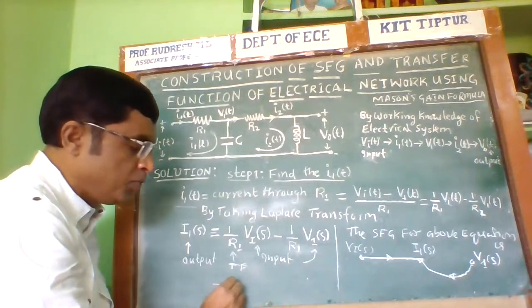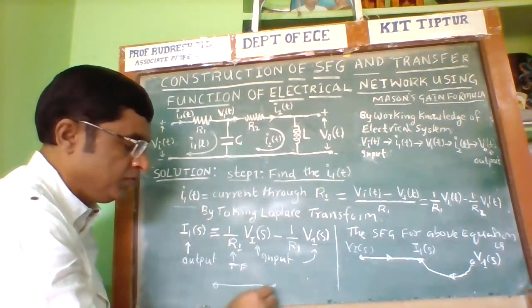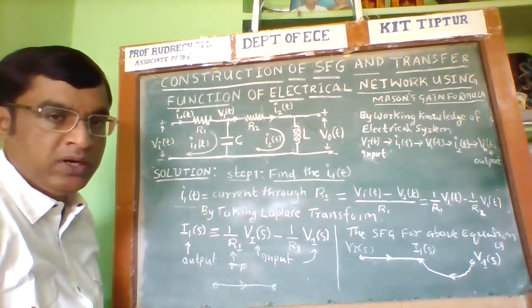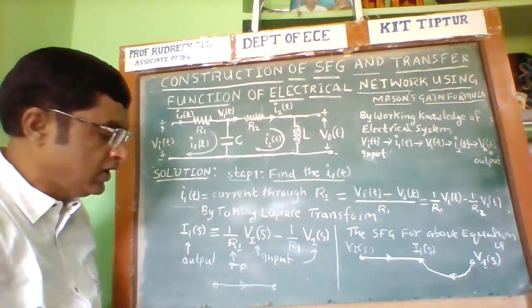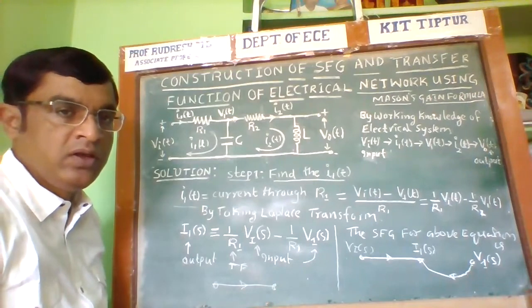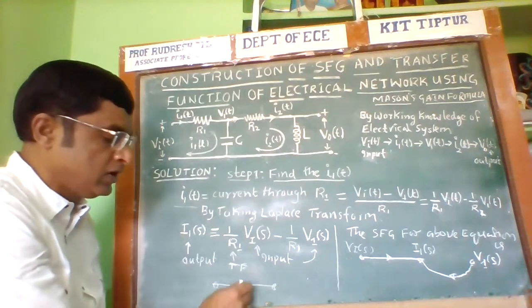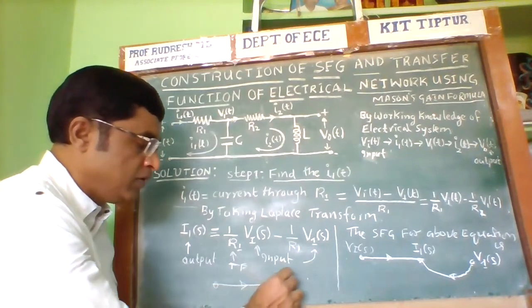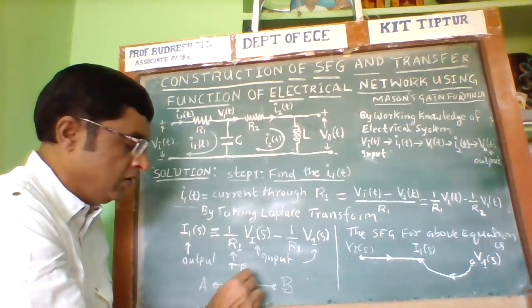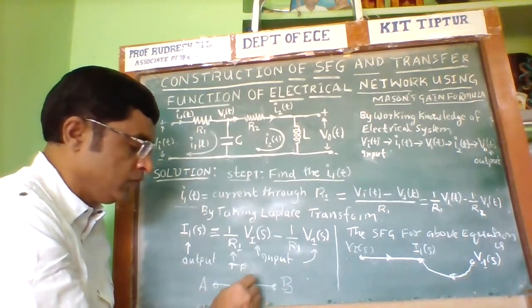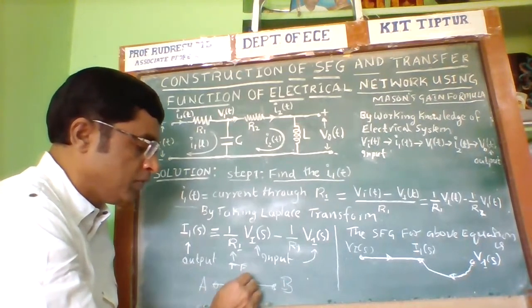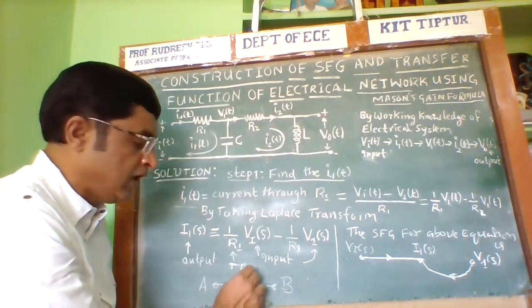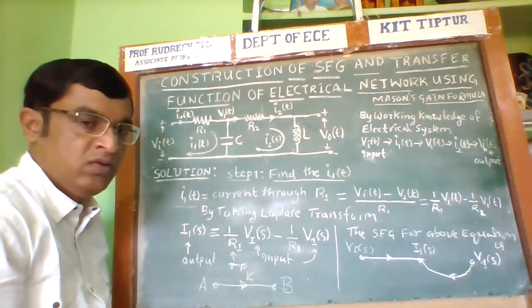Now, what is the output of a branch? A branch is a directed line segment used to connect the nodes. Suppose this is node A and this is node B, and the gain is K. Then what is the output?